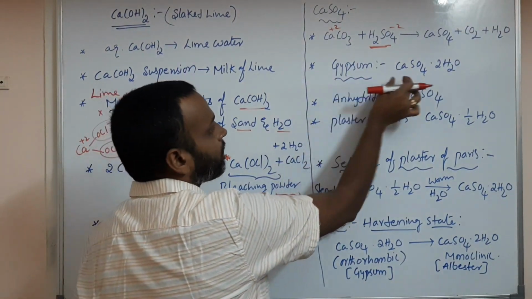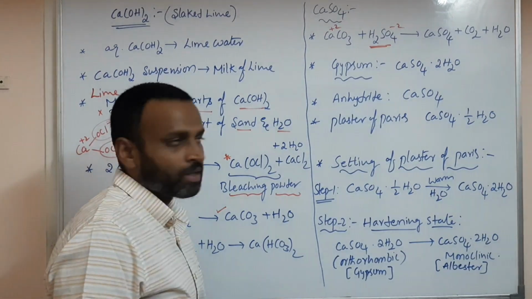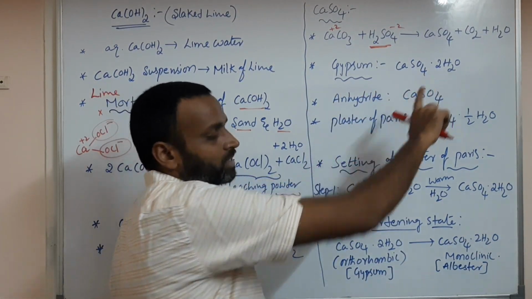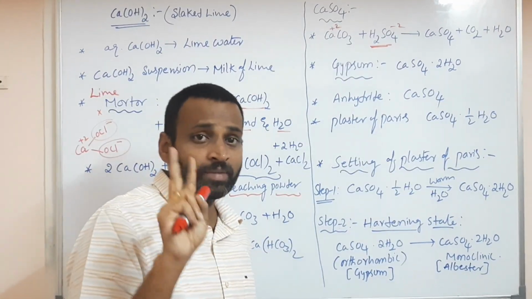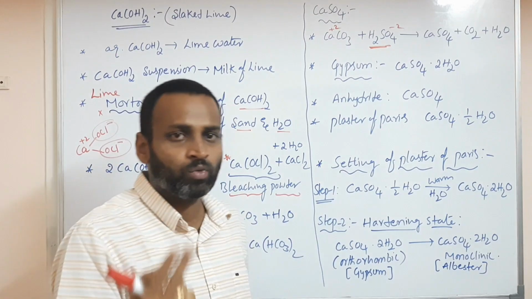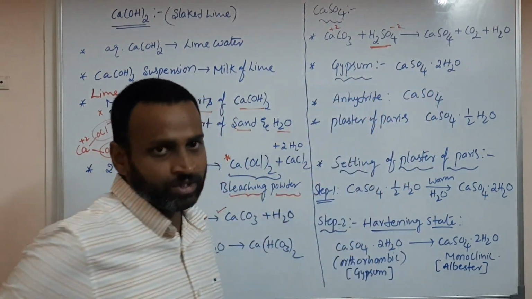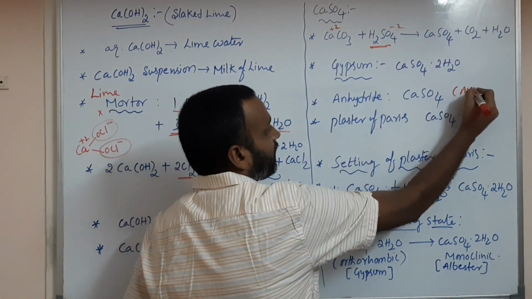Next, gypsum, CaSO4.2H2O. CaSO4.2H2O is dihydrated calcium sulfate. Di means 2, hydrated means water molecules. So dihydrated calcium sulfate is called gypsum. The anhydrous form is called anhydride.